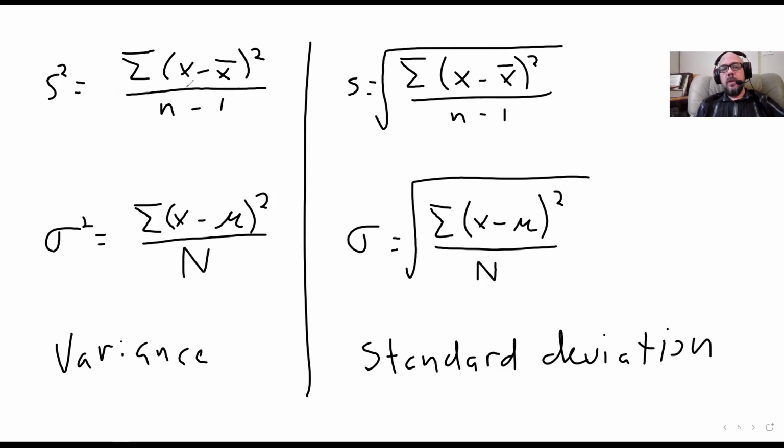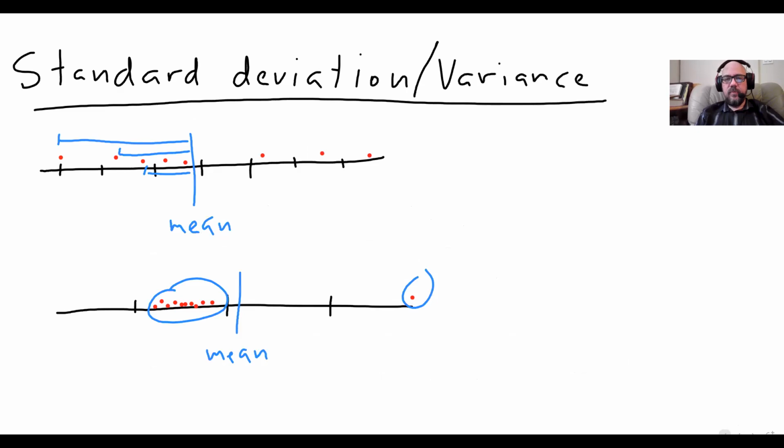So here's what we're doing to calculate the standard deviation of a sample. And I'll explain why there's different formulas in just a second. So X, these are data values. X bar is the sample mean. So X minus X bar is how far away a data value is from the sample mean.